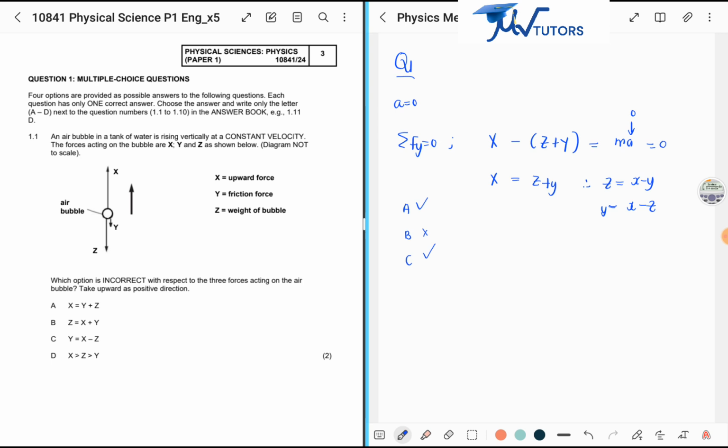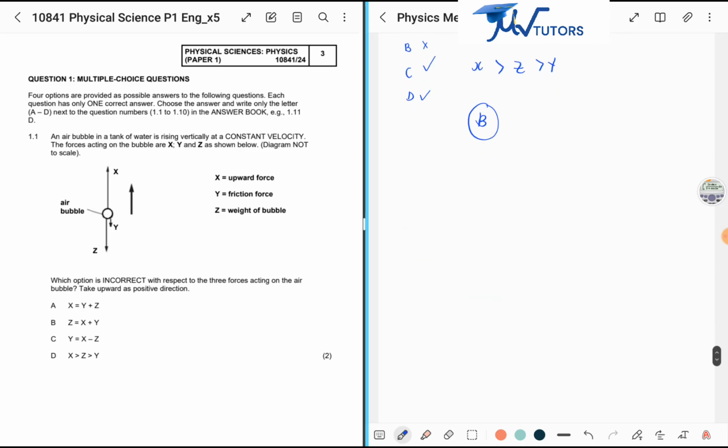And D, x is bigger than z, which is bigger than y. Yes, the fact that this thing is moving upwards means that x is indeed bigger than z. And you can see according to the arrows, even though they're not drawn to scale, that z is bigger than y. So D is correct. The only incorrect one in this case would be B.